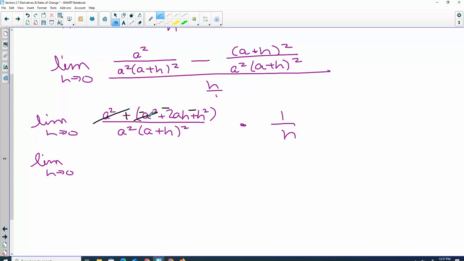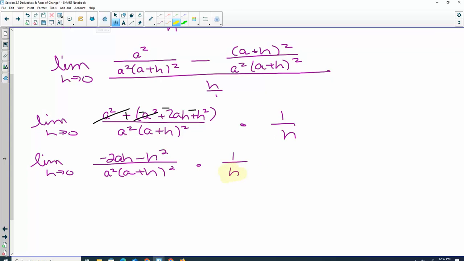A squared and negative a squared cancel. Now what? Plug in 0. Not yet. So that gives me 0 on the bottom, since I can't put in a 0 here.